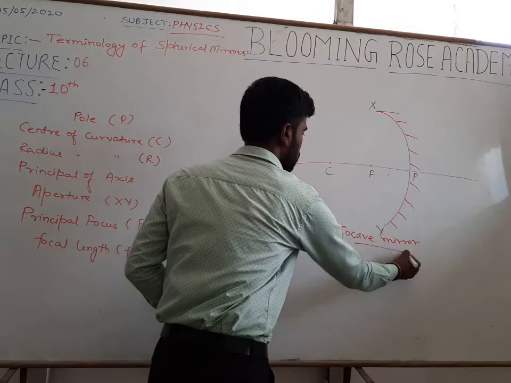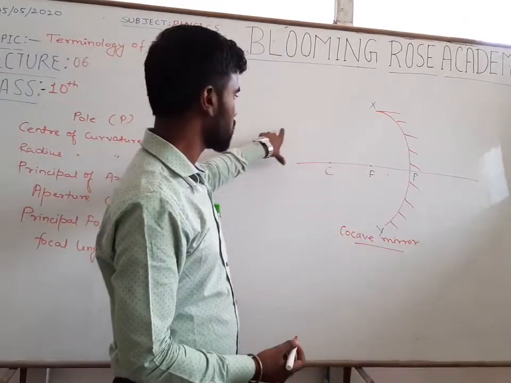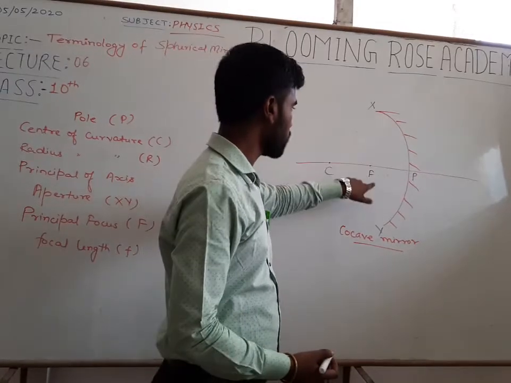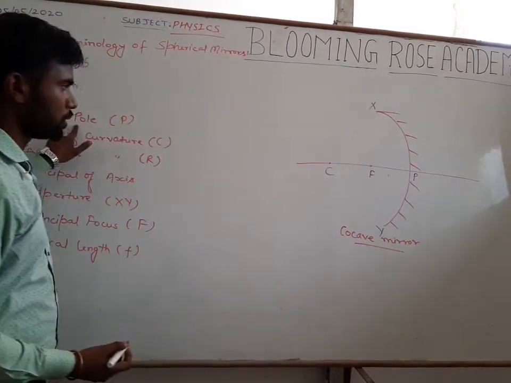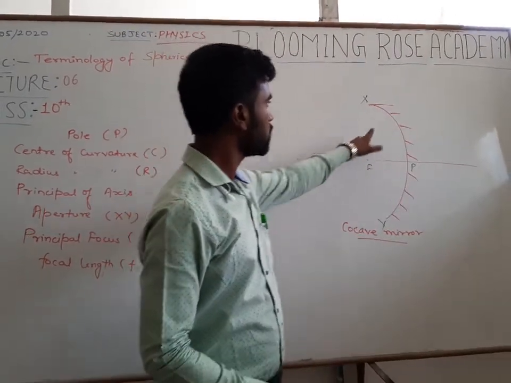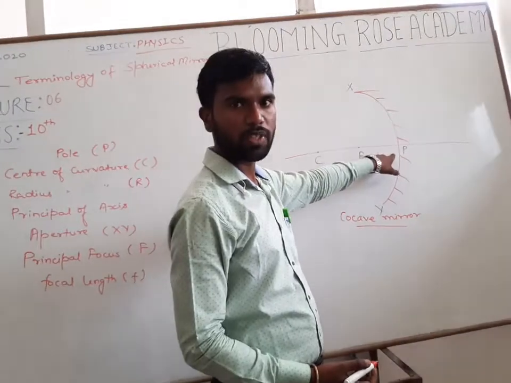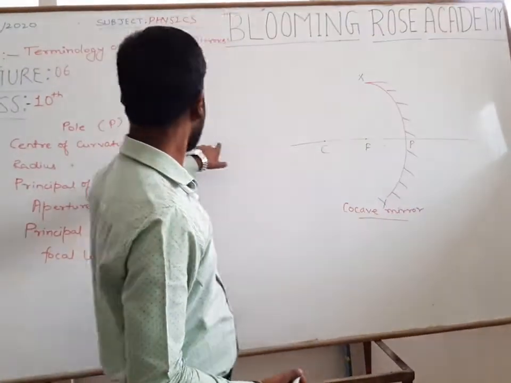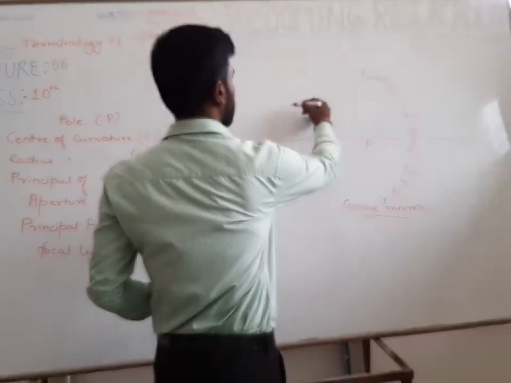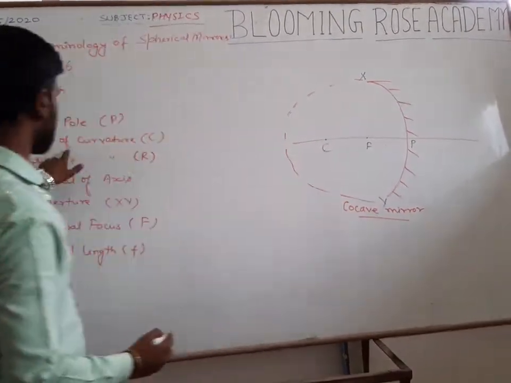We have talked about the terminology regarding this spherical mirror, and the first term is pole. What is pole? The center of the spherical mirror is called the pole, and the center of the hollow sphere of glass is called the center of curvature.